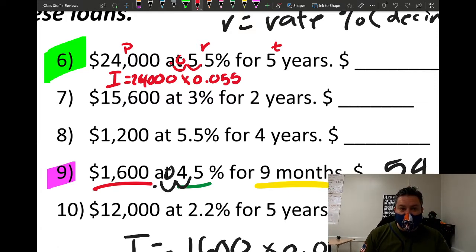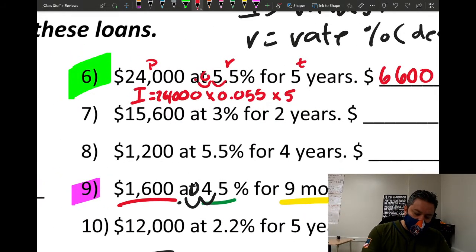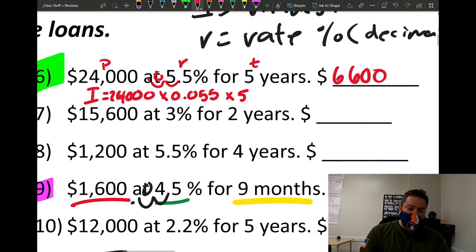I still have to move it 2 times to the left. And then times 5. When I multiply all that, I get $6,600. So if I have a deposit of $24,000, and the bank is going to give me 5.5% interest rate for 5 years, at the end, I'm going to have $6,600 more in my bank account. So for a total of $30,600.